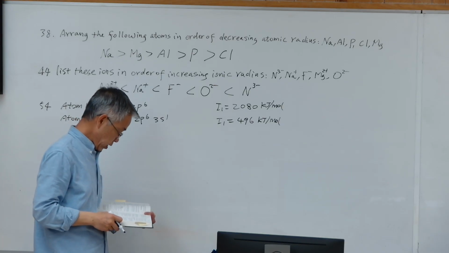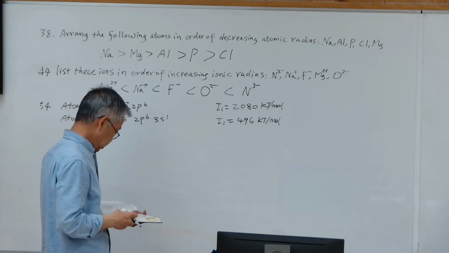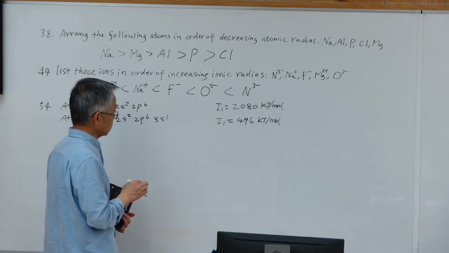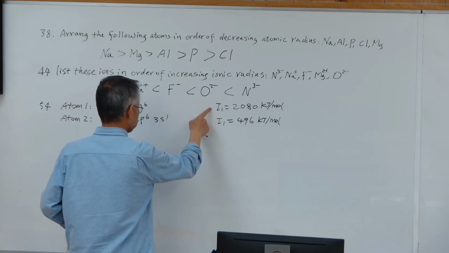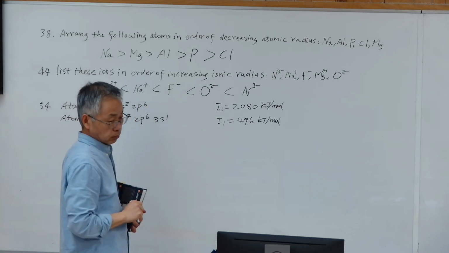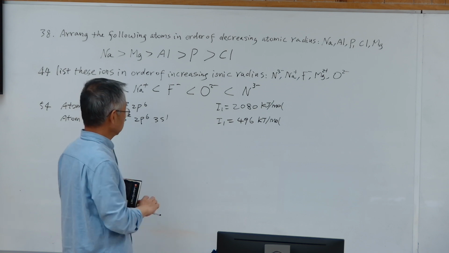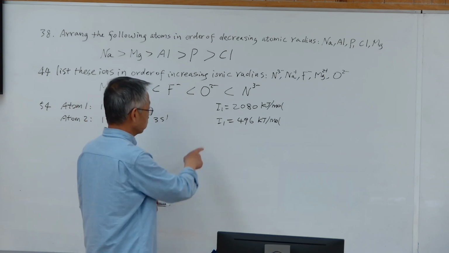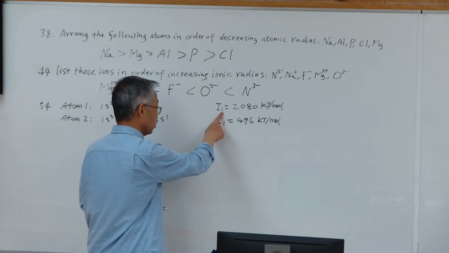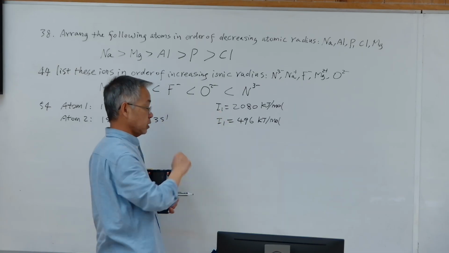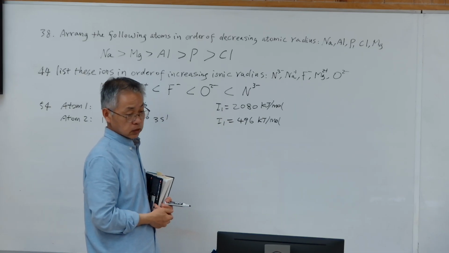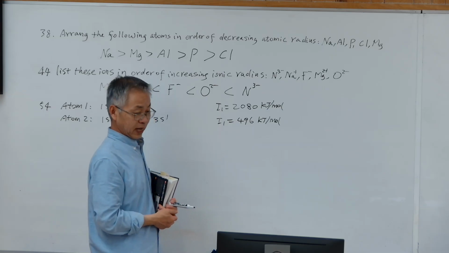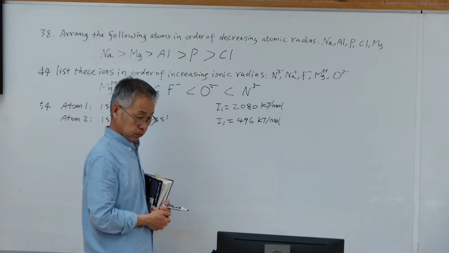Pair each ionization energy with one of the electron configurations. First of all, do you remember what first ionization energy means? I1, the first ionization energy, is the minimal energy needed to remove an electron from an atom in gas state.